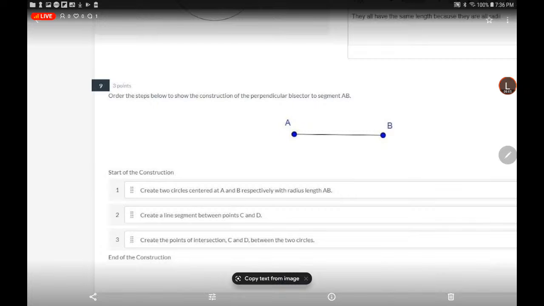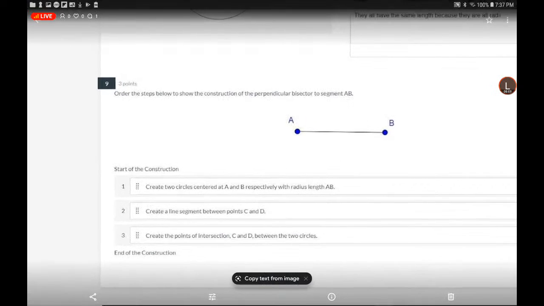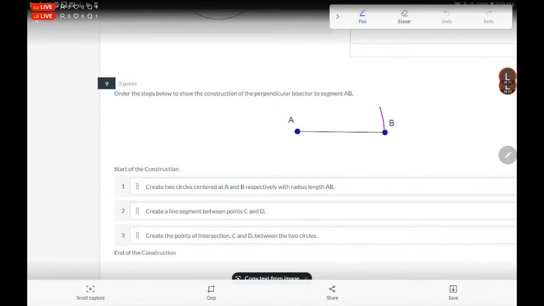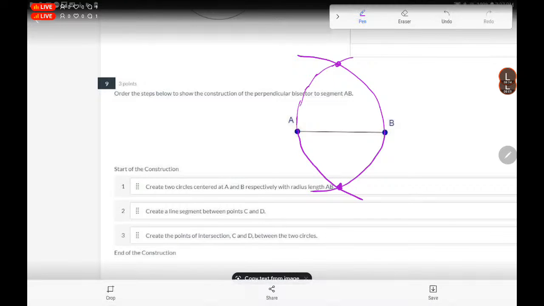Create two circles at A and B with length AB. So that's kind of what we did before. That's drawing these two circles. I'm going to draw this part of the circle. Create a line segment. Let's see.